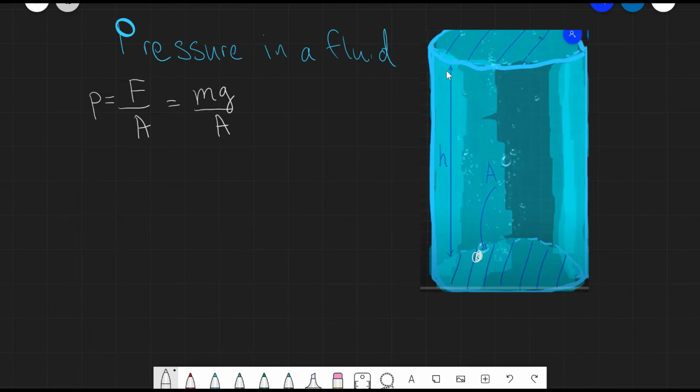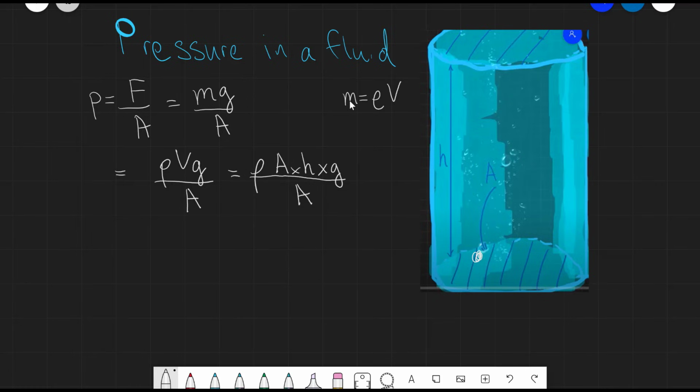Mass is actually equal to density times volume, because density is just mass over volume, so just rearranging for the mass. So I can just plug that expression in here. So what I'm going to get is density times volume times g over the area. Now the volume of a cylinder is equal to the area times the height, times g, and now I'm going to be dividing by the area one more time.